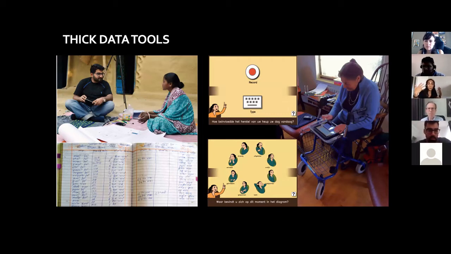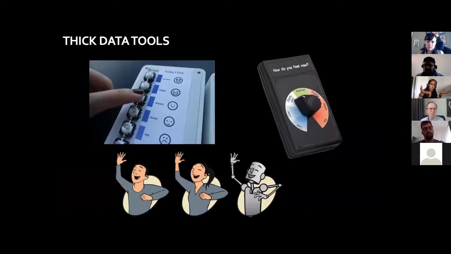We also make use of daily surveys or samples to understand some changes in their experiences or emotions regarding certain applications. So these are some examples of the tools I've been developing to capture this thick data. And the main characteristic is that these tools are really in the context of people's lives, and they're using them on a daily basis for a period of time.